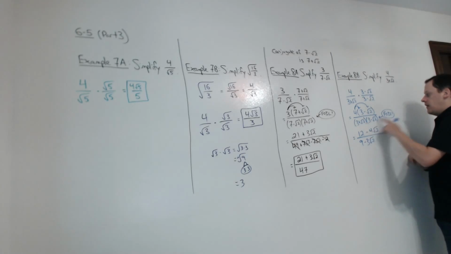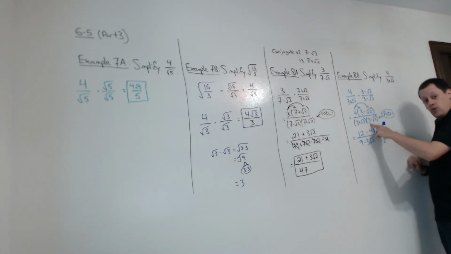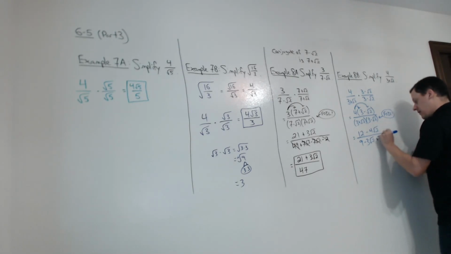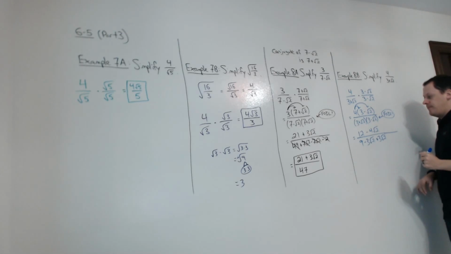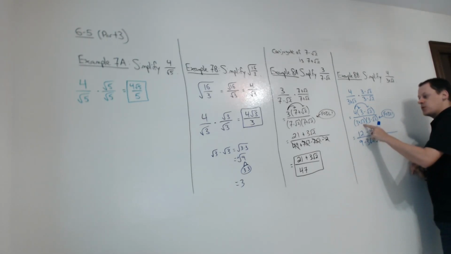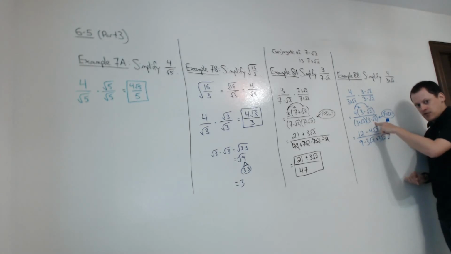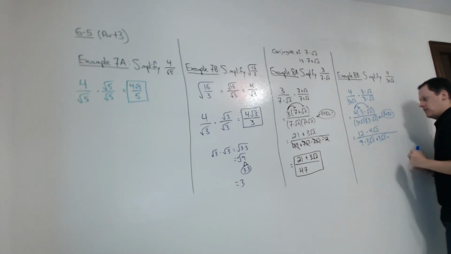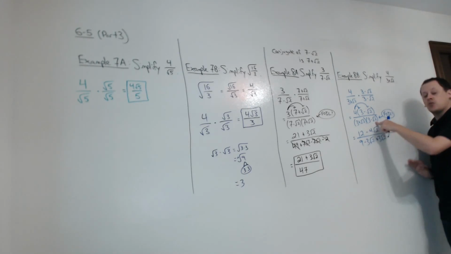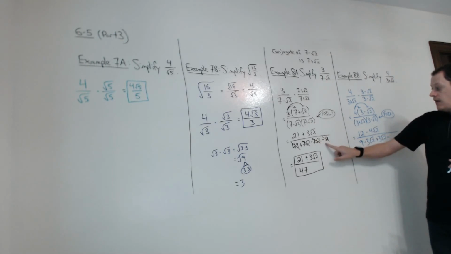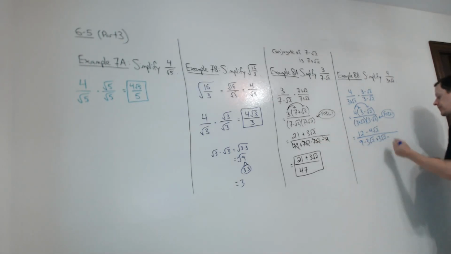On the inside, positive square root of 2 times 3. Again, squish, that's positive 3 square root of 2. And then that L for last, positive square root of 2 times negative square root of 2. Positive times negative is negative. Square root of 2 times square root of 2, that's the same thing that we did here. That just became 2. So minus 2.